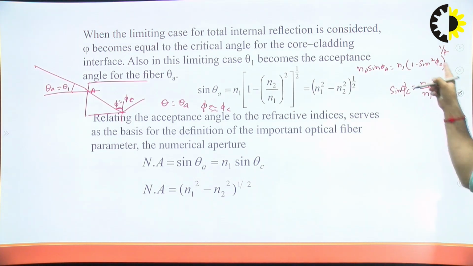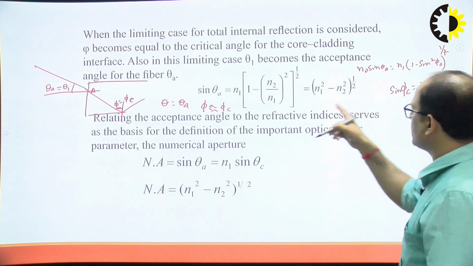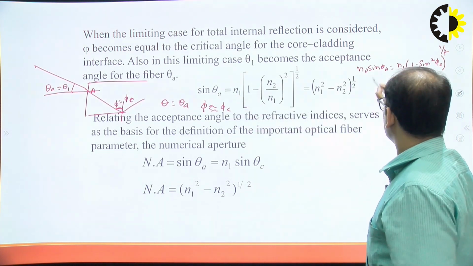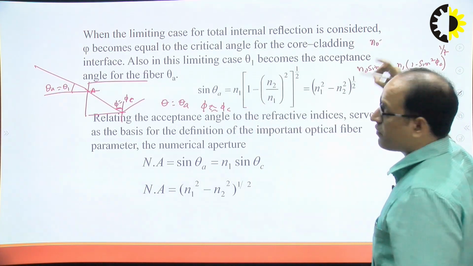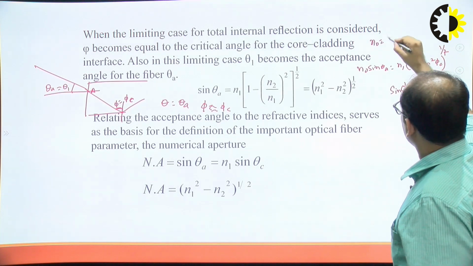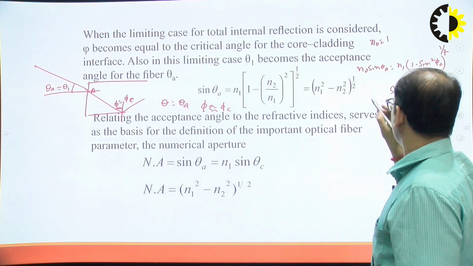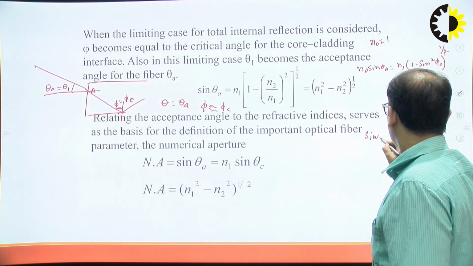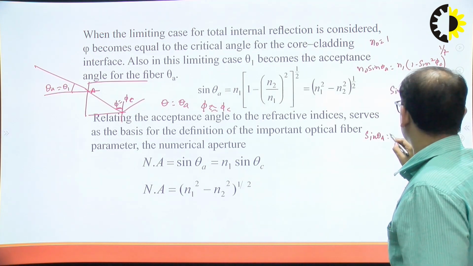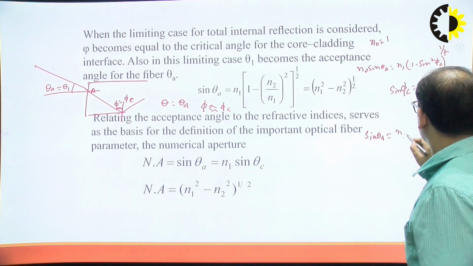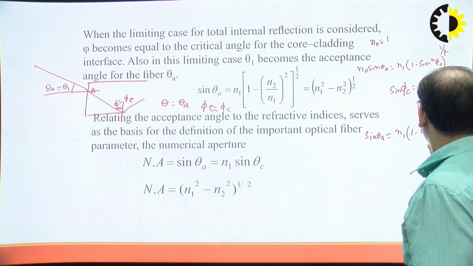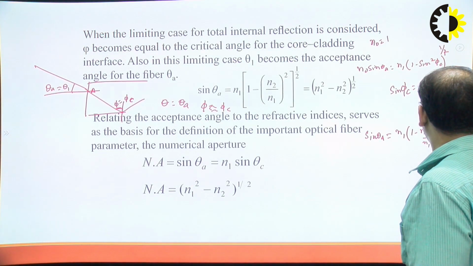Just put this value of sin phi c here. You will see that n naught is the refractive index of air, and this n naught is equal to 1. So just put this value here. Sin theta a will become equal to n1 times (1 minus n2 square upon n1 square) to the power 1/2.